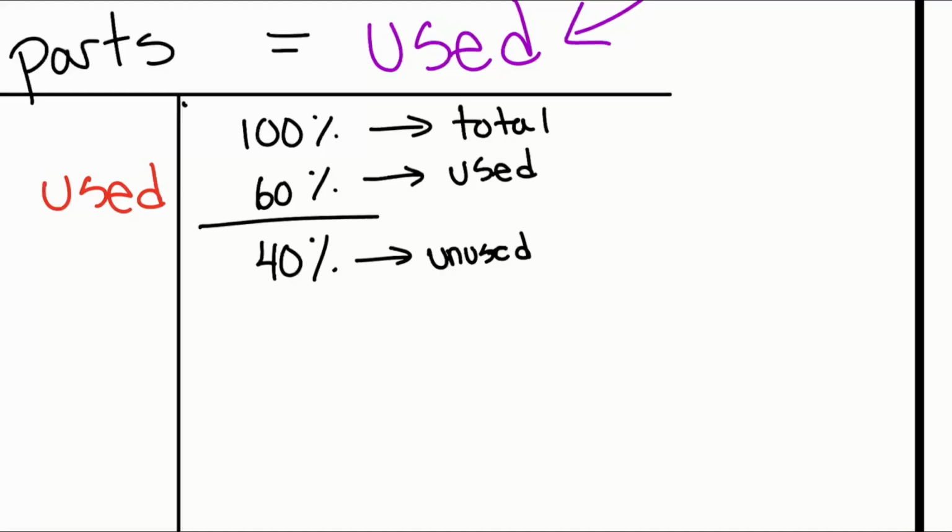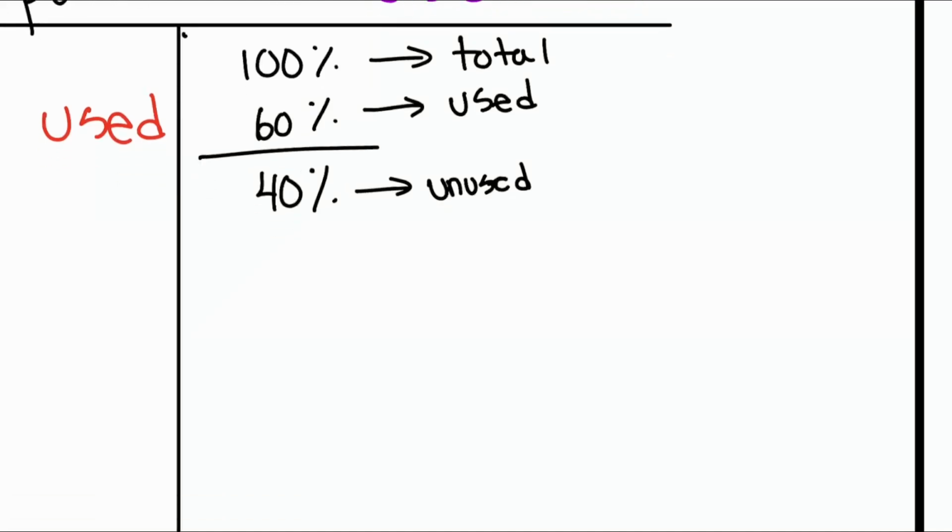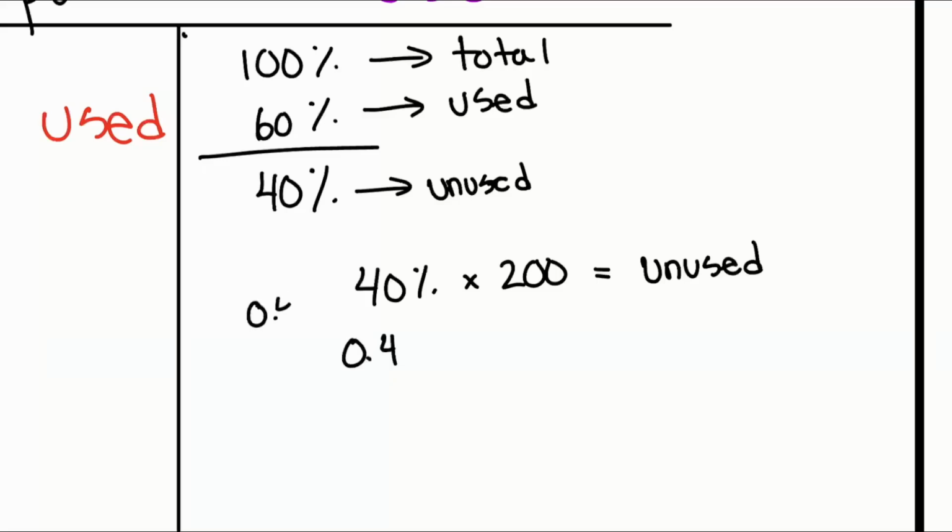So now I can set this up here and say 40% multiplied by the 200 total parts equals my unused. And this makes the problem so much faster, so much easier, so much cleaner. Here we go. Translate that percentage into a decimal. That's 0.4. It's also 0.40. Either way is fine. We multiply that by 200, and that's going to give us our answer.